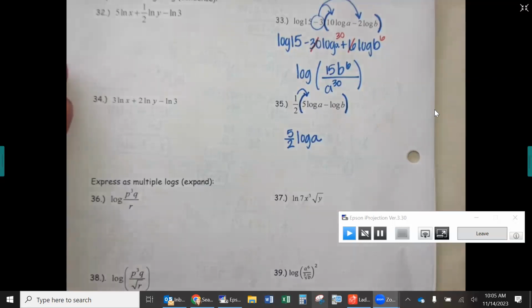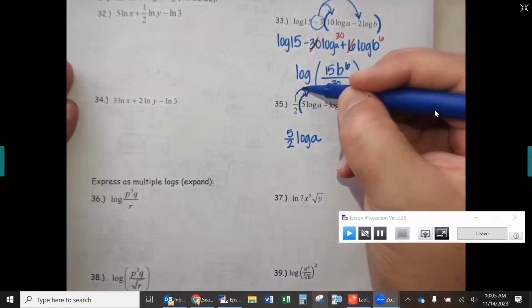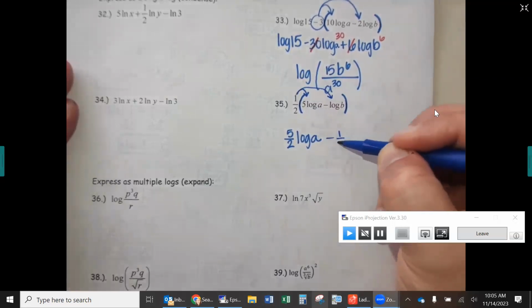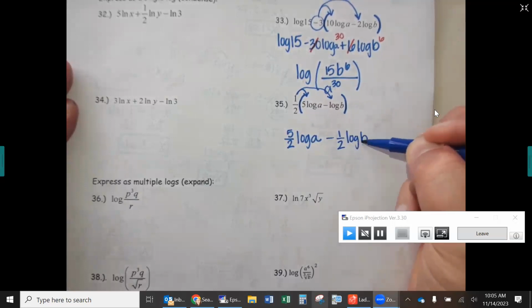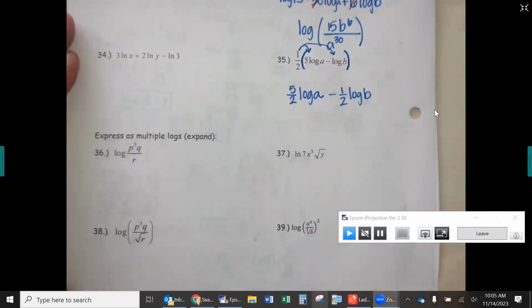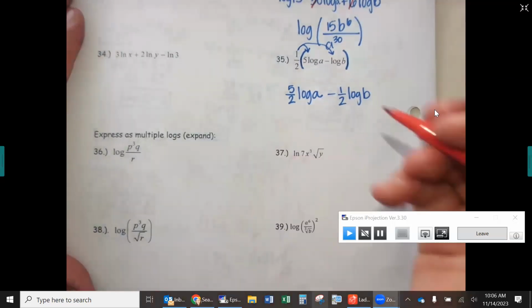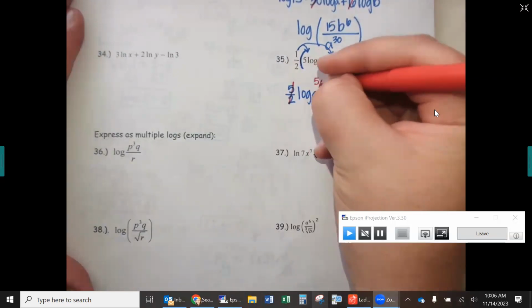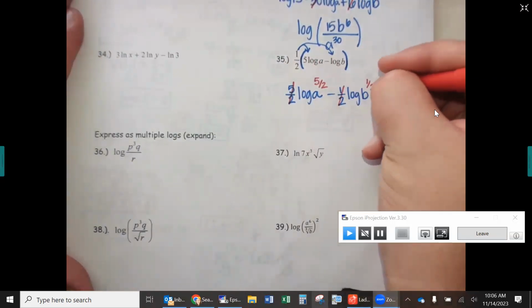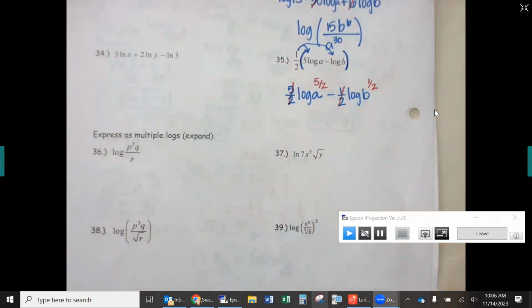My log B doesn't have anything in front. Then now I'm just going to put a 1/2 in front. So once I bring that 1/2 in, I'm going to apply it to the 5 first. In front of the log A, then in front of the log B. Then where can I move those numbers second? You can move them up to be exponents. So I'm going to have log A to the 5/2 minus log B to the 1/2.